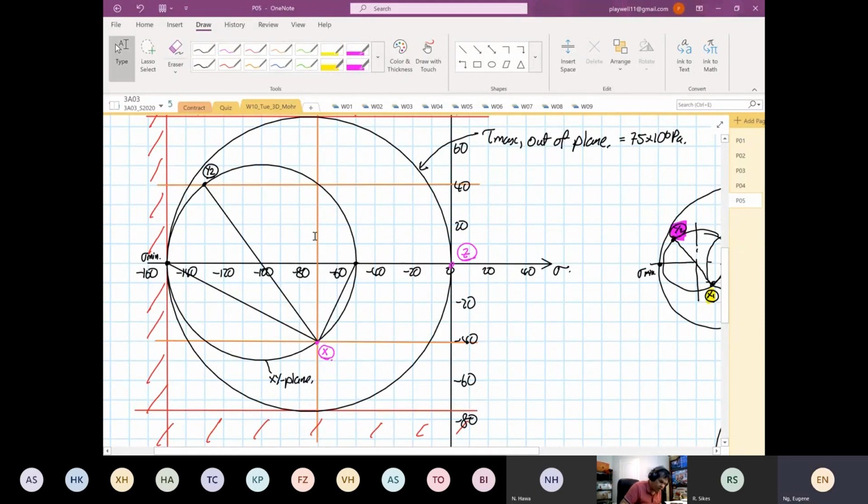Then we can construct another circle. Okay. Now, this is your XZ plane. And finally, this circle down here, you can see is your YZ plane.